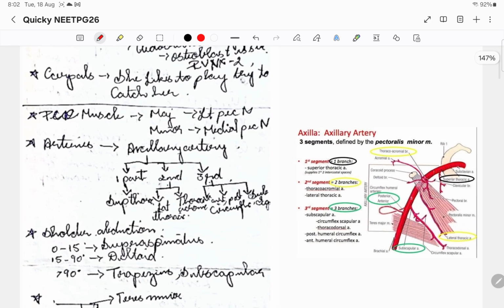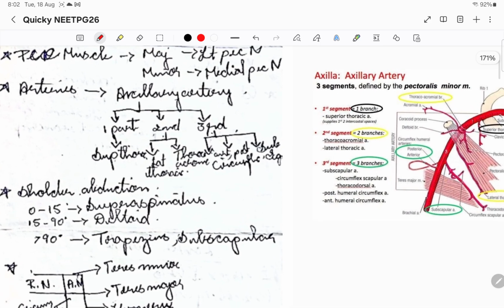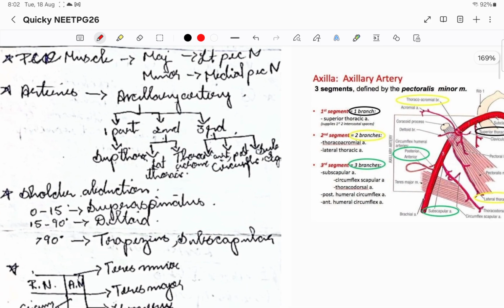Okay, the shoulder muscles. The movement of abduction is supplied by three or four major muscles. Abduction is moving away from the body, adduction is moving towards the body.